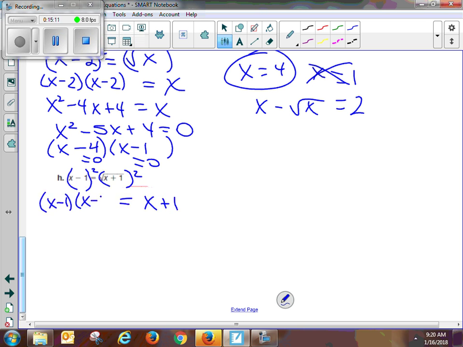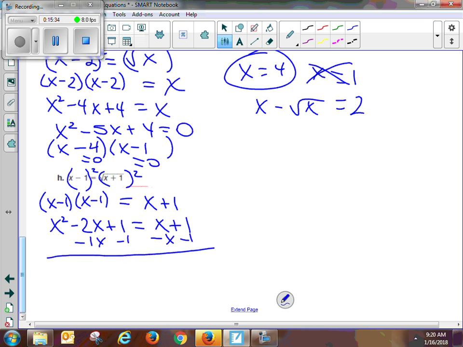Abby, tell me next what you would do. FOIL, good. So it's a nice second degree equation, and it needs to be set equal to what? 0. Very good. And what I'm showing you is I'm doing that math.